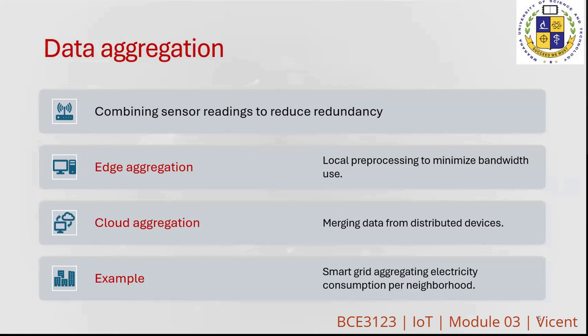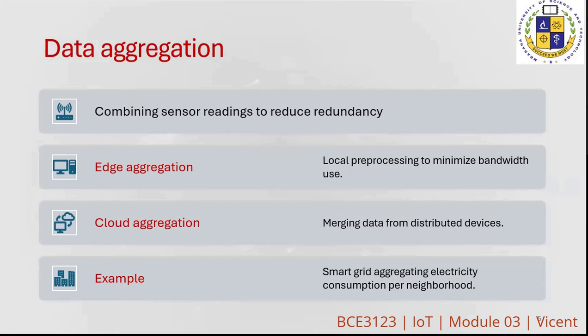Then data aggregation. What do we mean by aggregation? That is an English word, but we all know that aggregation is combining multiple things. In this case, you combine multiple raw sensor readings into summaries, averages, totals, or trends.